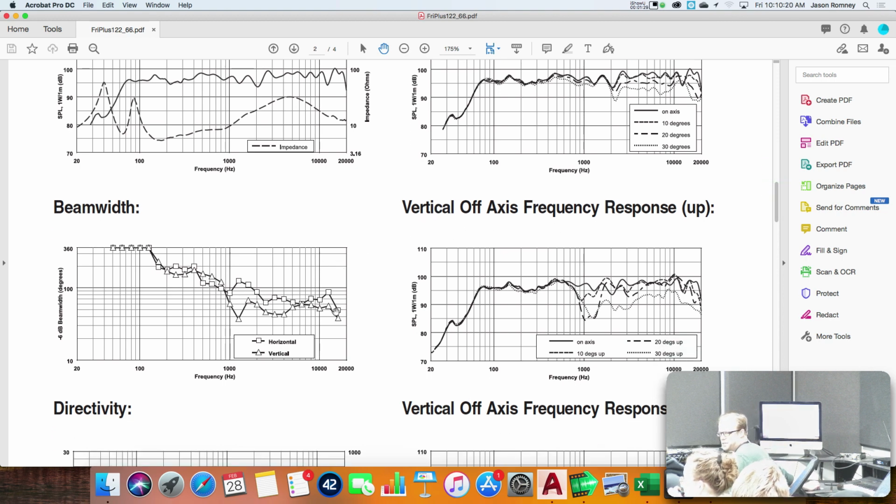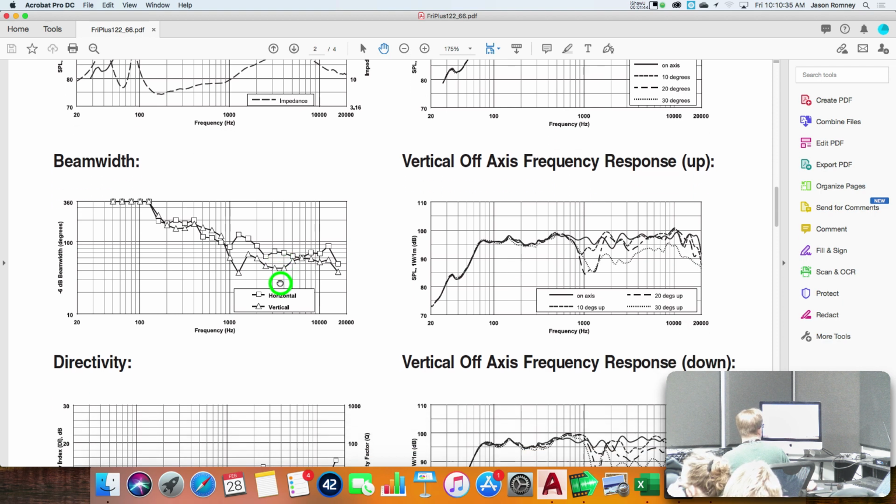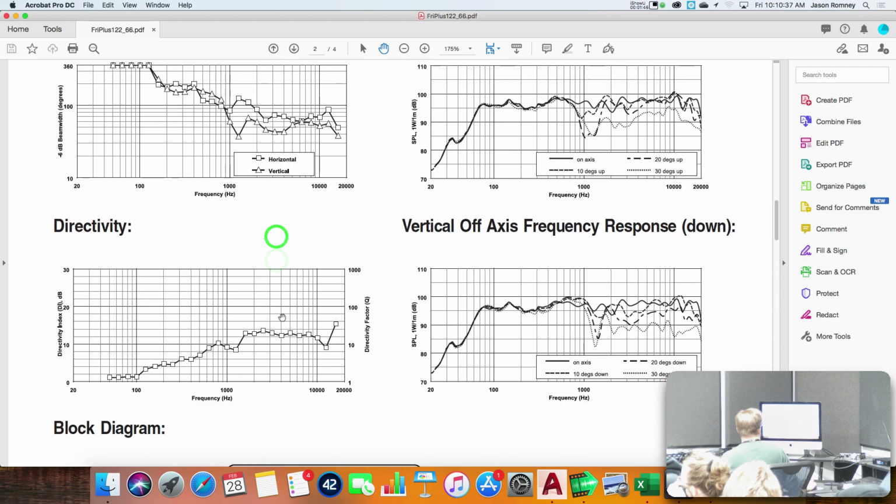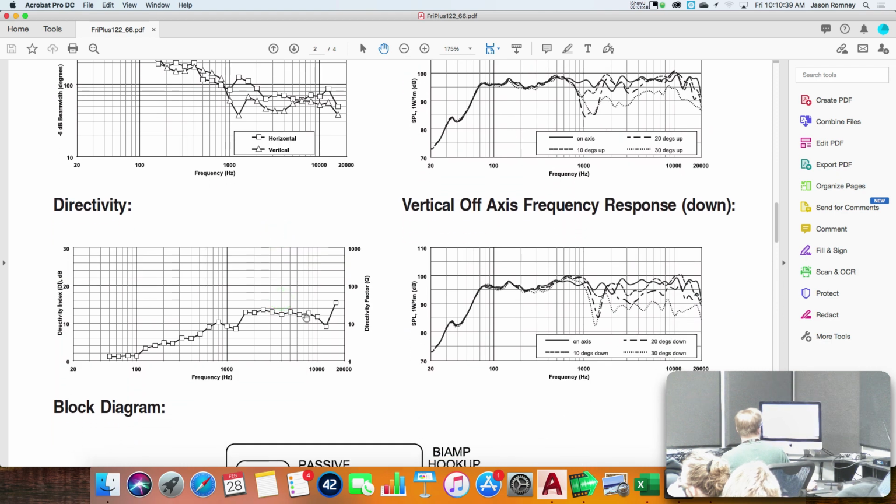It is certainly not consistently 60 degrees across the frequency spectrum. Where is it actually 60 degrees by 60? Only at that frequency. Everywhere else it's something else. However, it is reasonably consistent directivity between 1500 hertz and 8 or 9K, which is nice.